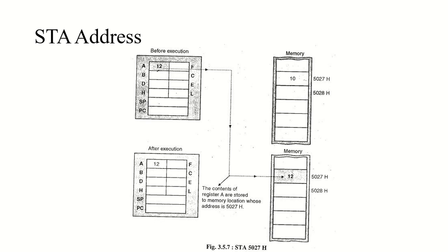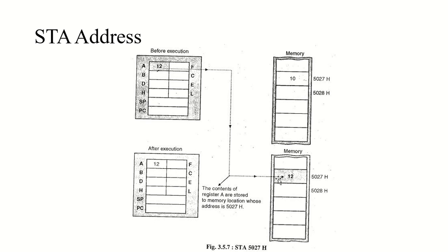What is the memory location specified in the instruction? See, 5027H. So it will load the content 12 to memory location 5027H. You can see here, 5027 had 10 before execution. After execution, 5027 will have 12 here.